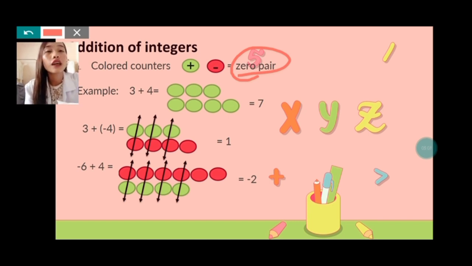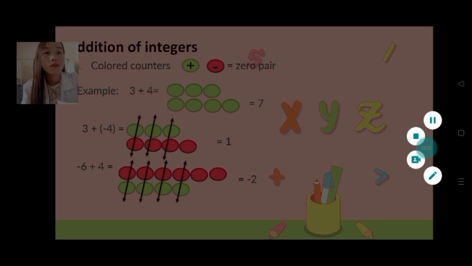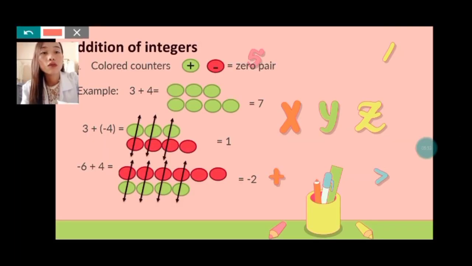We have here 3 plus positive 4. Since we do not have a negative sign, our colored counters will be the color green. We have a positive 3, which is 1, 2, 3, and then a positive 4, which is 1, 2, 3, 4.